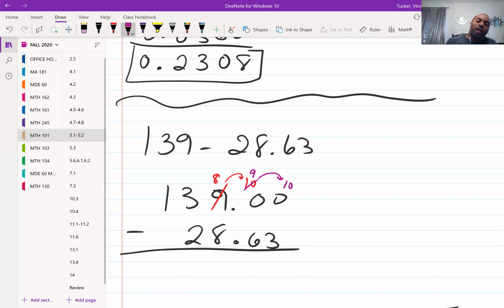All right. So now that you have something to borrow from, 10 minus 3 is going to be 7. 9 minus 6 is 3, which is decimal. 8 minus 8 is 0. 3 minus 2 is 1, and then bring down the other one.